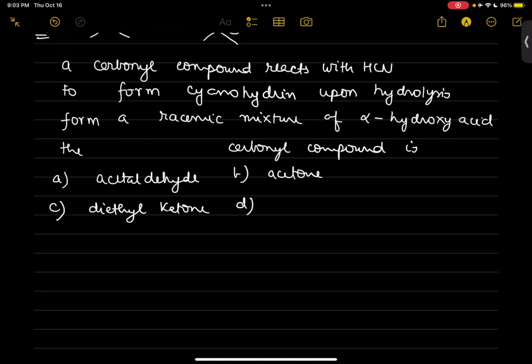Option D, formaldehyde. They have not given any structure.